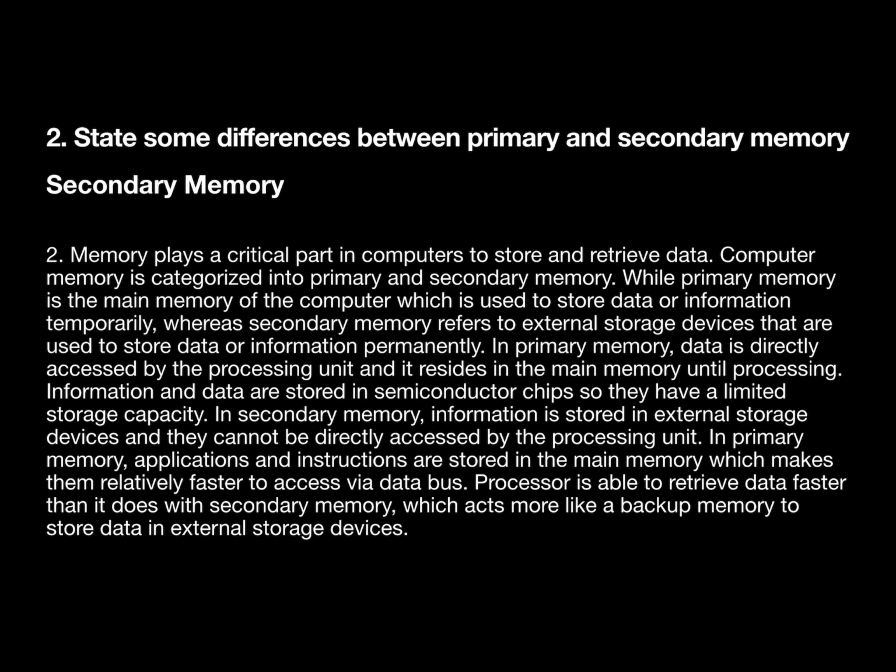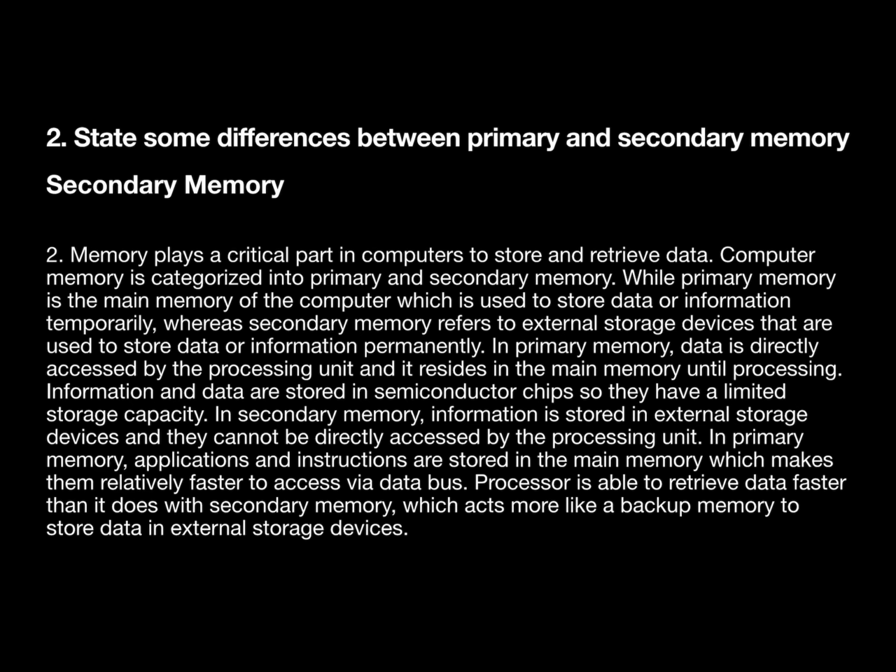In primary memory, data is directly accessed by the processing unit and it resides in the main memory until processing. Information and data are stored in semiconductor chips, so they have a limited storage capacity. In the secondary memory, information is stored in external storage devices and cannot be directly accessed by the processing unit.